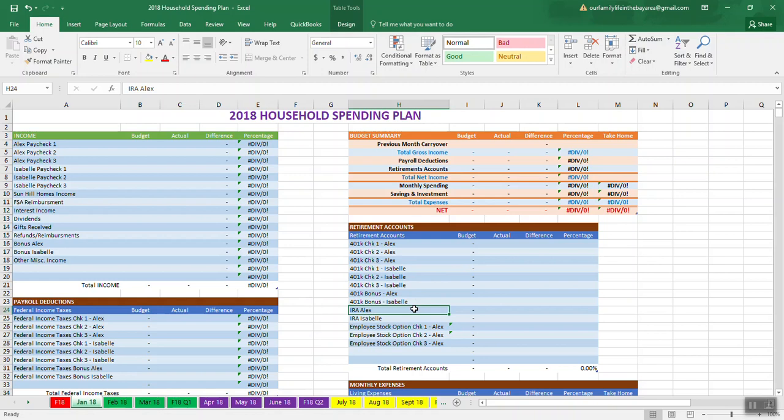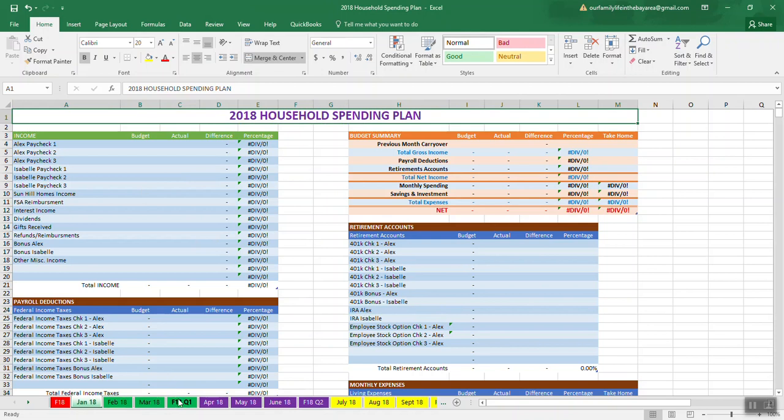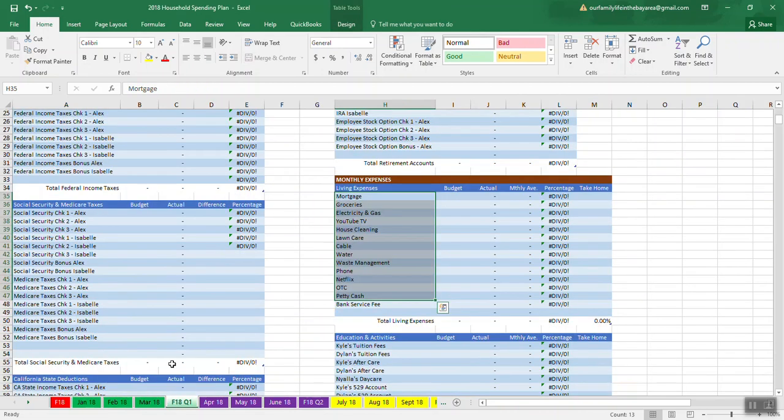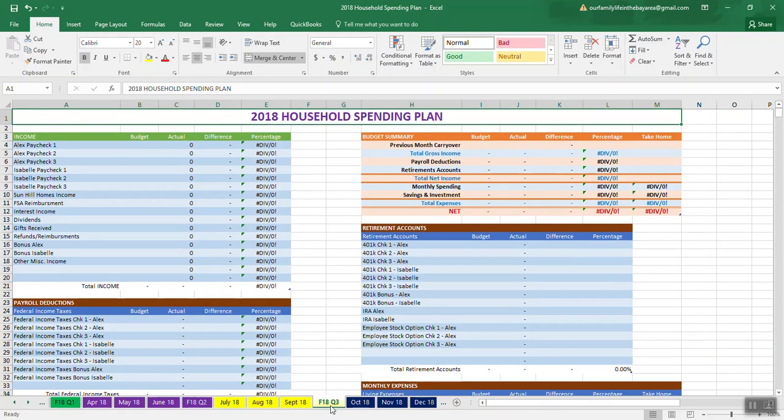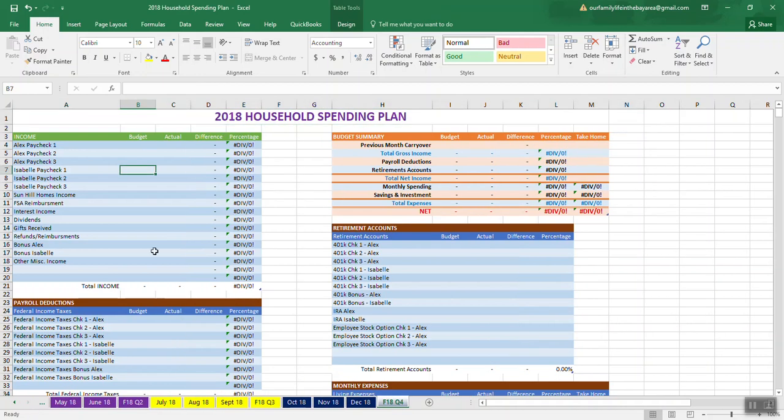So yeah, this is our spending plan, and you'll see that there's a Q1 here, which is a total of the first 3 months, and then there's a Q2, which is a total of the second 3 months, and there's Q3, which is a total of the third quarter, and there's a Q4, which is a total of the last quarter.